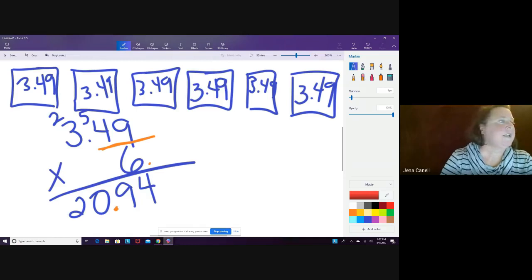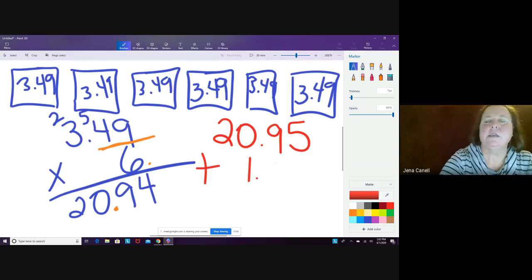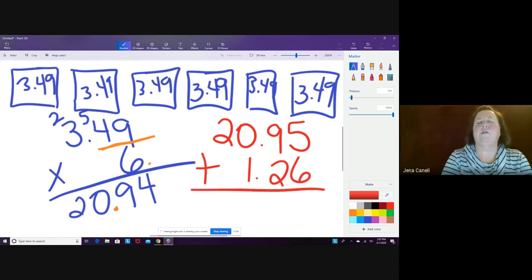We still have to consider the fact that she had to pay sales tax. It is very common. You'll hear your parents say it, and family and friends, don't forget to add sales tax. Well, that's just what we do. We add sales tax. So she paid sales tax of $1.26 for the entire purchase. That's what's inferred there, is that that is the amount of tax for the entire purchase.